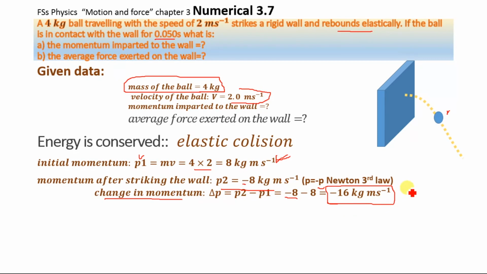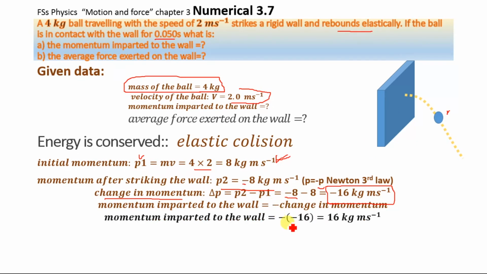Now the momentum imparted to the wall will be equal to minus the change in the momentum, because this change in the momentum is caused by the wall. So the momentum imparted to the wall will be equal to minus del P. Substituting the value for del P, we will have minus into minus 16, which is equal to 16 kilogram meter per second. So this is the momentum imparted to the wall by the ball.